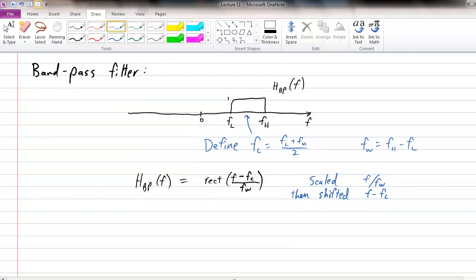So that means that H bandpass of T equals, first we'll deal with the scaling. So it's FW sinc of FWT. And then we deal with the time shifting, which is just going to be a multiplication by e to the i 2 pi FCT.